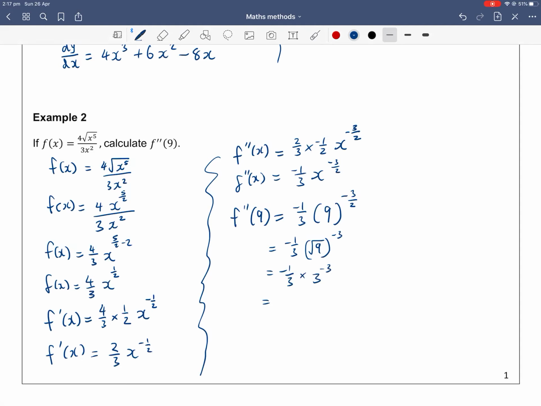Square root of 9 is 3. So that's negative 1/3 first. Negative power means 1 over 3 cubed. So that's negative 1 over 3 to the 4. 3 squared is 9, 9 times 9 is 81. So that gives us negative 1 over 81. So to work out second derivatives, differentiate once and then differentiate that answer once more.